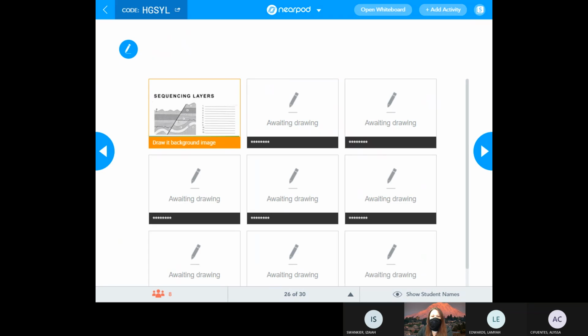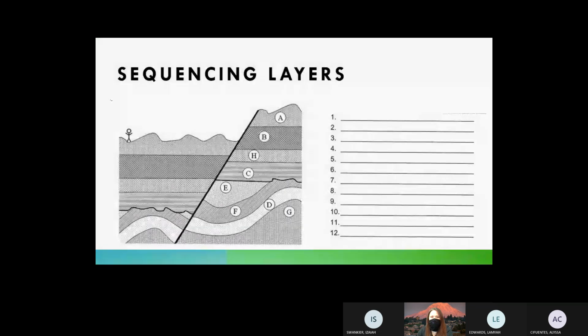Okay, I'm going to put up the big one and a timer. Notice for this one, you still have 8 letters, so 8 sediment layers, but you have 12 lines. So that means you're going to have to include how many events? 4.